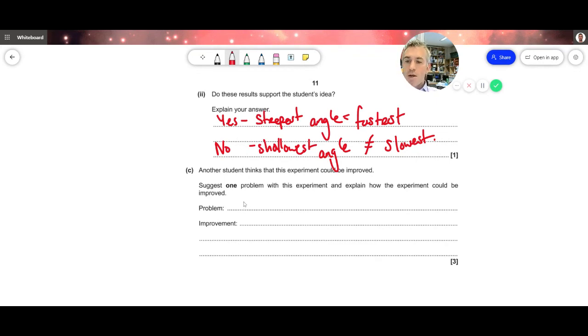They could do it themselves then. It's just one in problem. There was no repeats. So the improvement, 2 repeats. For example, they also only did few angles. You could do more angles.